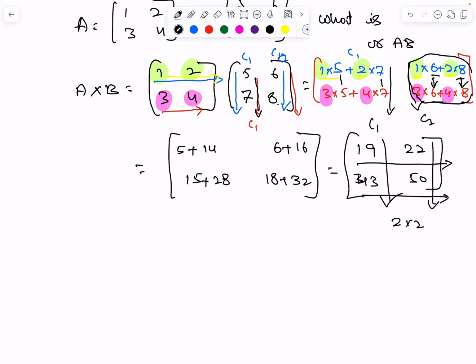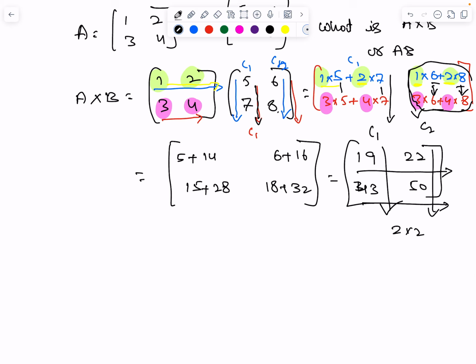Now the question is, can I get a different matrix whenever I am multiplying different matrices? That means, whenever A and B should have the same order for multiplication.